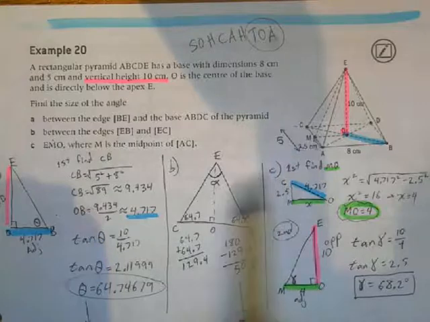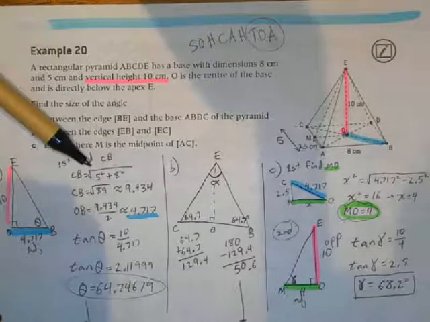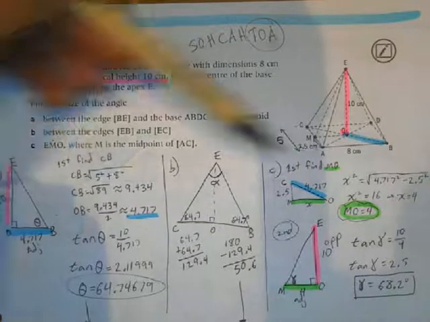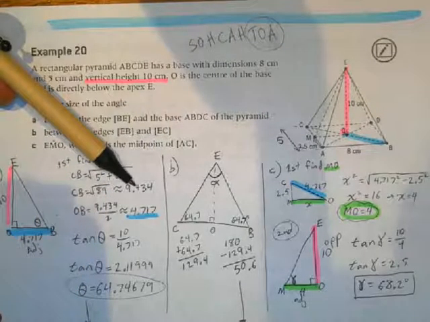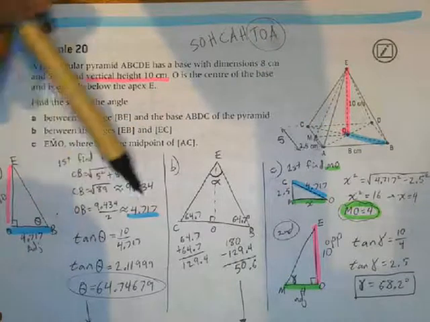We know that's 5 squared and this is 8 squared, so we've got 5 squared plus 8 squared, square root of that, and the length of C to B is going to be 9.434. So the length from O to B is half of that, which is 4.7.